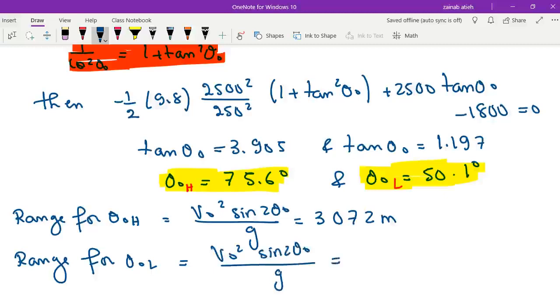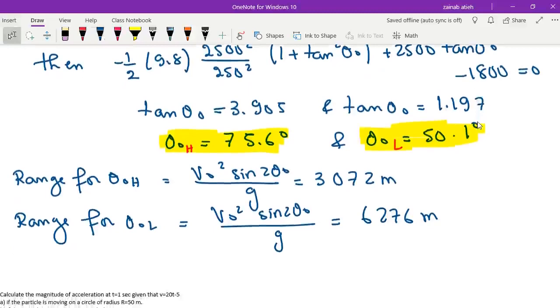I get 250 squared times sine 2 times 50 divided by 9.8, and I will get 6276 meters. Okay, so this is the range that I found.